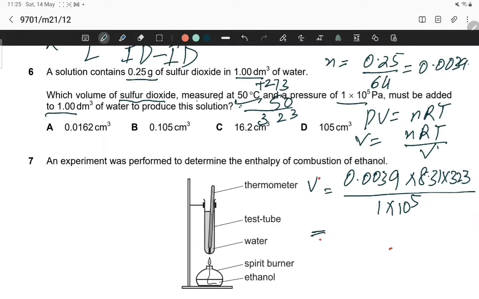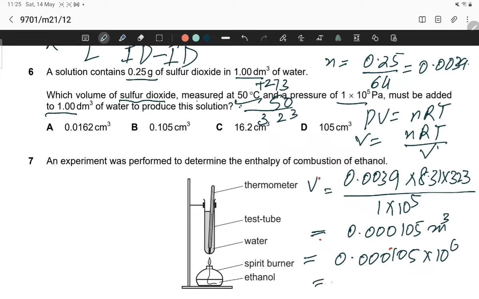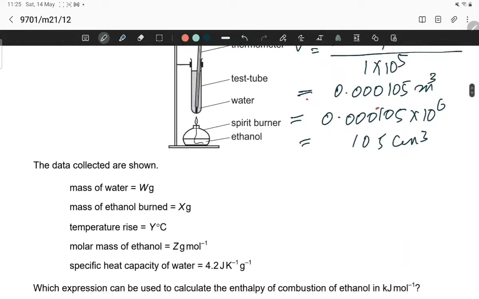So this is equal to 0.000105 meter cube, and the volume here is needed in centimeter cube, so 0.000105 into 10 raised power to 6 is equal to 105 centimeter cube. So D must be correct.